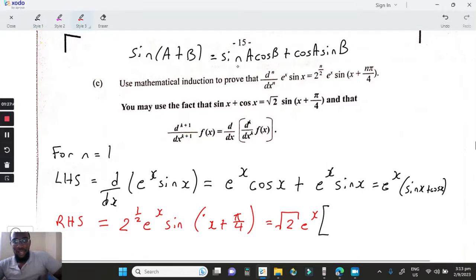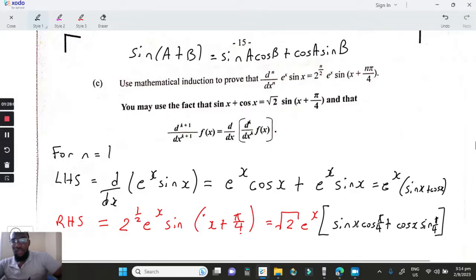So in that case, our A is x, and this is our B. So now I'm going to expand it. So expanding it is sine x cos pi over 4 plus cos x sine pi over 4.